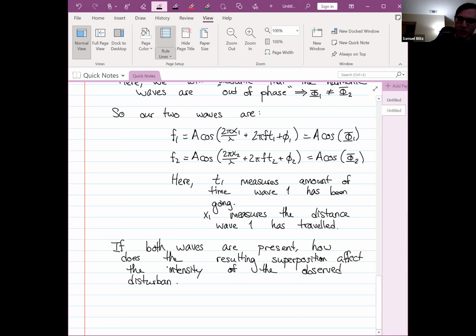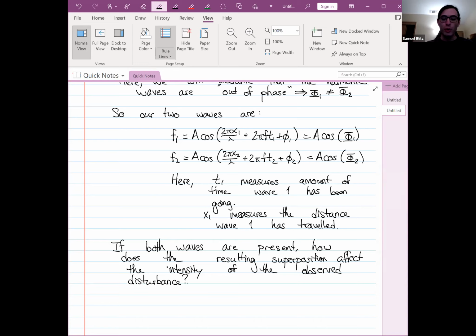That's the question that we're trying to answer. Because in principle, we could measure the intensity from one of these waves, measure the intensity from the other wave, and we want to figure out, well, if they were turned on at different times, if they started at different places, if they had different phases, how would the resulting intensity change depending on where we start the object, how long they've been on, and so on and so forth. And you might think that they just add, but it's not that easy.